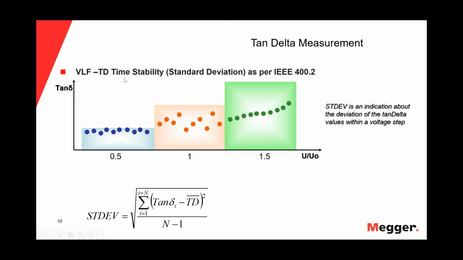And then VLF tan delta time stability is the standard deviation. It is the difference between each measurement, all 10 in between each step, and gives the standard deviation. As you can see on the scale, as we go up, this standard deviation is higher, and so on and so forth.